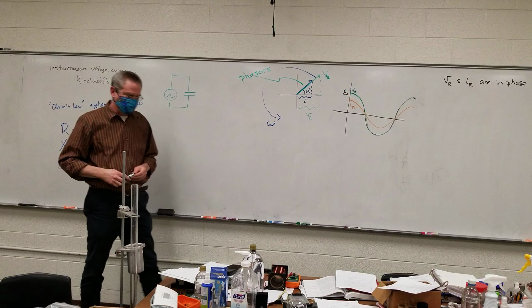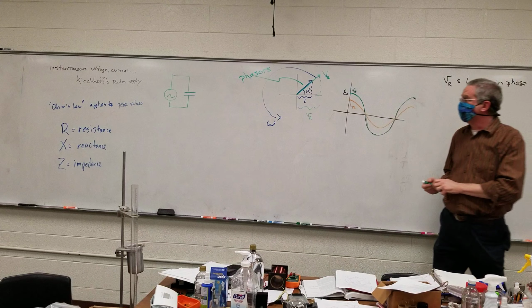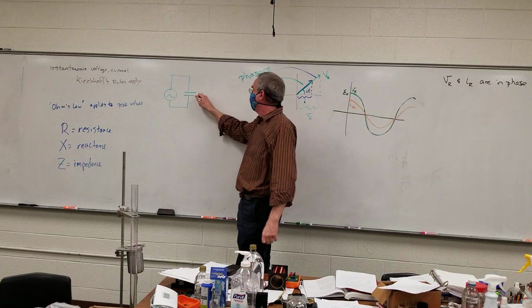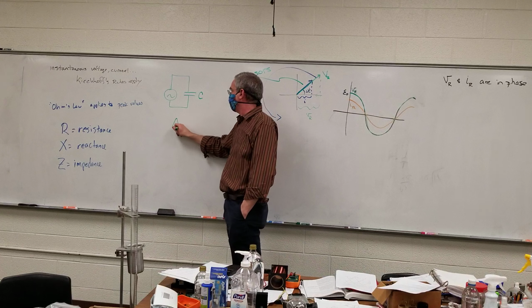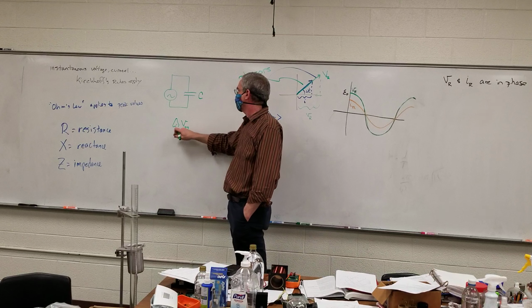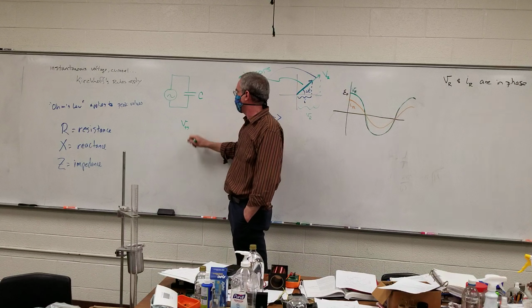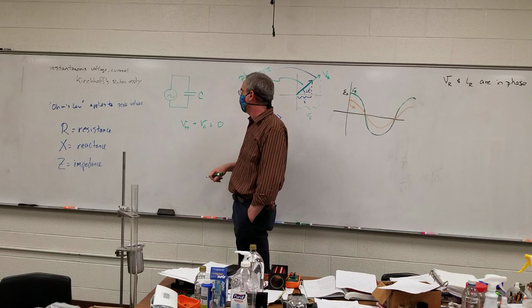AC circuit. So I have a capacitor now attached to it. Going through the same type of thing that I went through before, the change in the voltage across the power supply, and again, we're doing AC, so the delta is generally not written, plus the voltage across the capacitor is equal to 0.